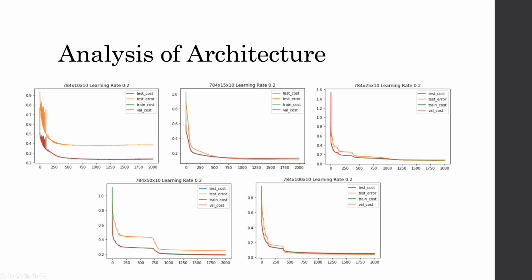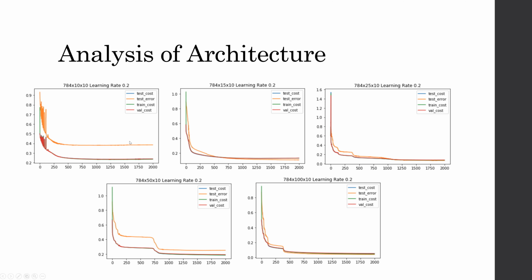Next, we have to look at architecture. Now, I decided on a 3-layer network with 1 input layer, an output layer, and 1 hidden layer. And here we're seeing results of training with the He initialization of weights and bias, a learning rate of 2, and an increasing number of neurons in the hidden layer.